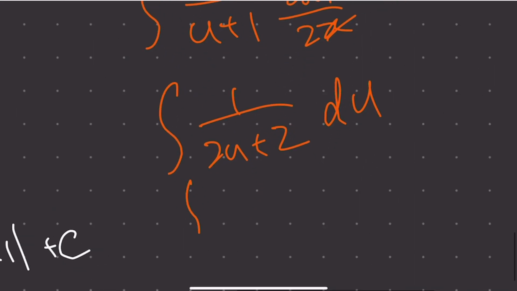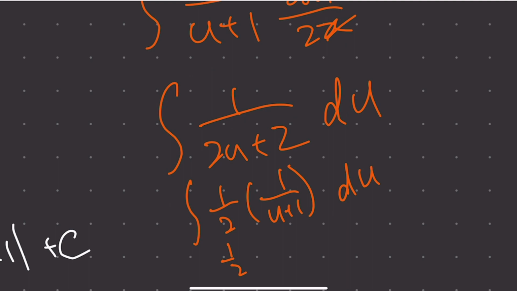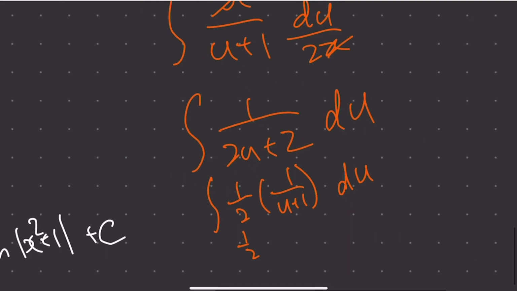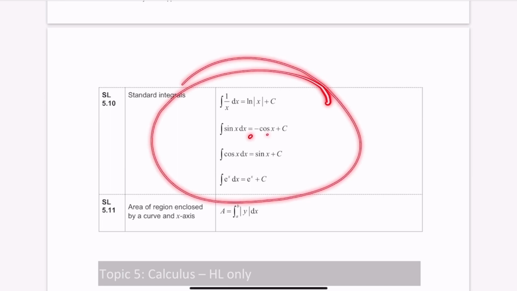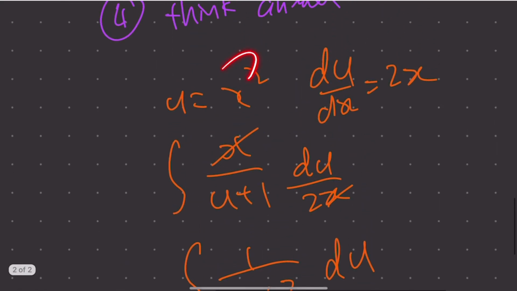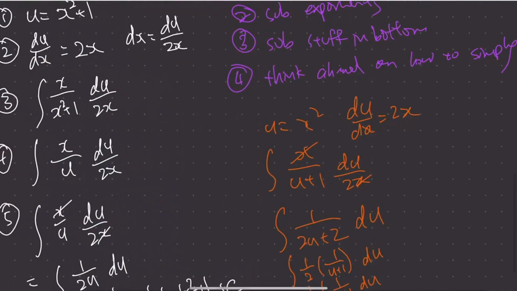So then we need to do an extra step here, factoring out the 2 from the bottom, u plus 1 du, and then you can get this, which is going to be 1 over 2 integral of 1 over u plus 1 du. And as you can see here, this is not a simple integral that you can see on the formula booklet, so you know that this is the incorrect substitution, okay?